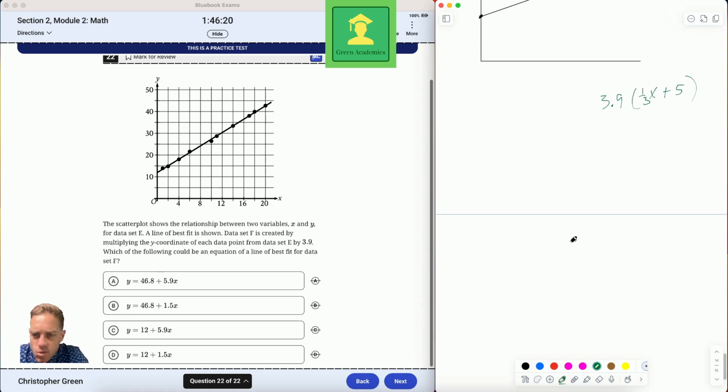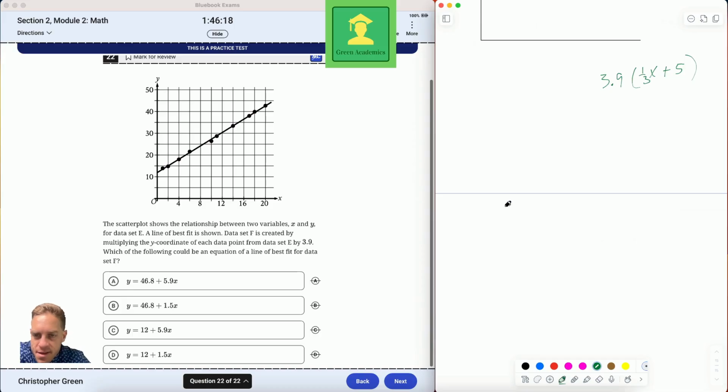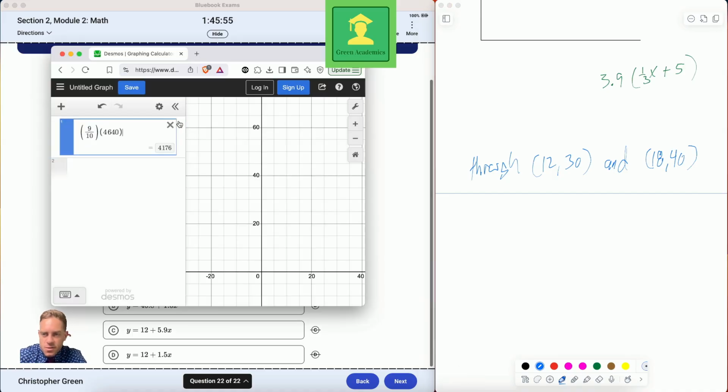Okay, now normally for the scatter plot, it goes through a couple of grid points. For my money, in the original here, it goes through, or very, very close to going through, 12, 30 and 18, 40. Now, let's use one of the advanced features, the clever things that Desmos can do for this.